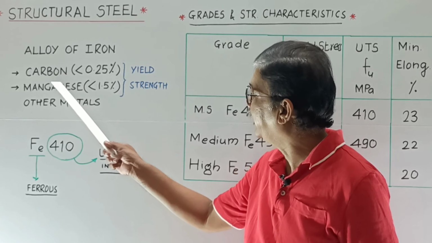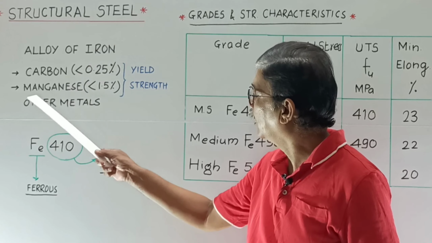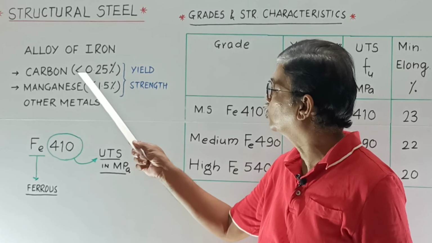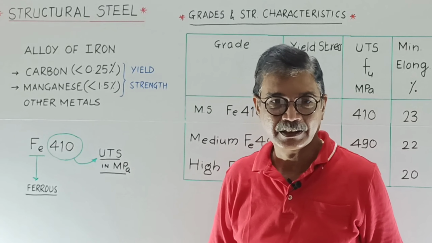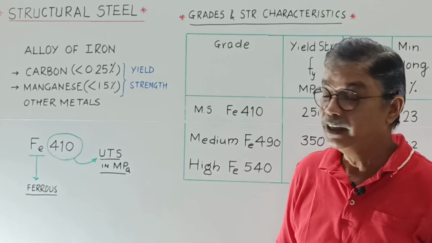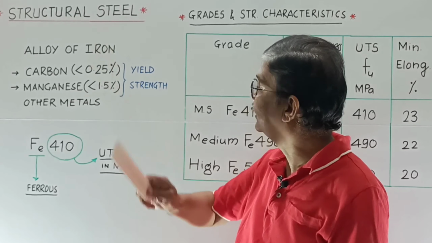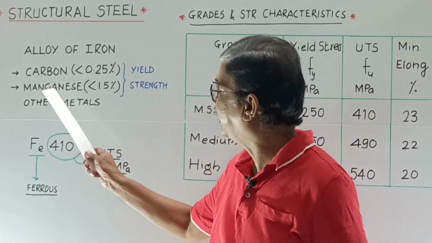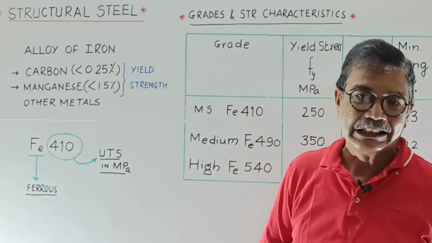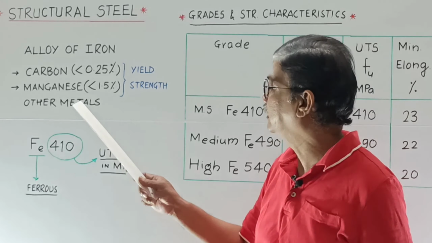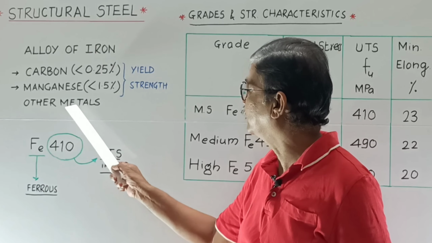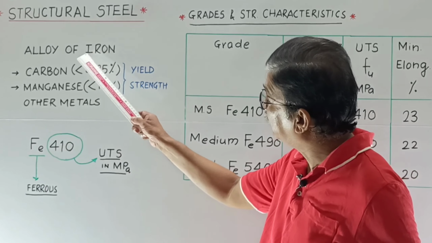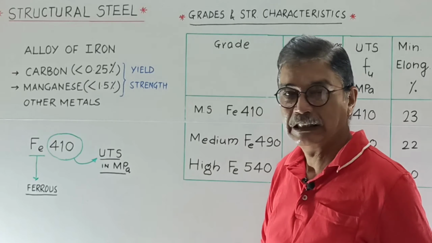These two are main constituents along with other various metals in small quantities. So what is structural steel? It is an alloy of iron containing main constituents as carbon and manganese along with various other metals in small quantities.